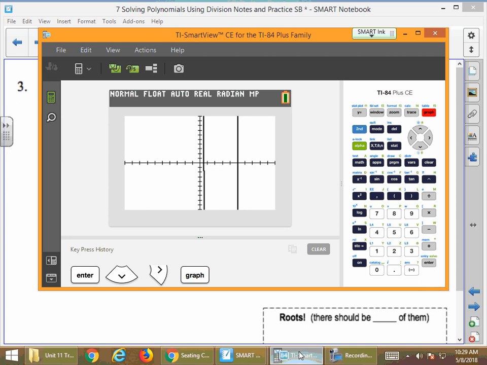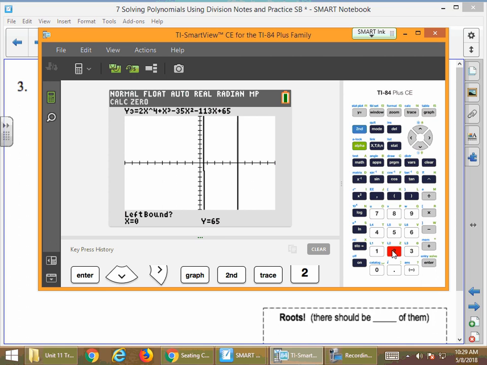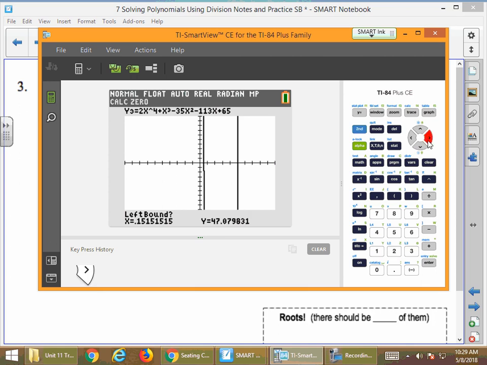And what we do is we go second and trace, and we're trying to find the zero of the function, number 2. And as we scroll, I'm going to use the right arrow button, and there's where I'm going to put it. So your number might even be the same as mine.